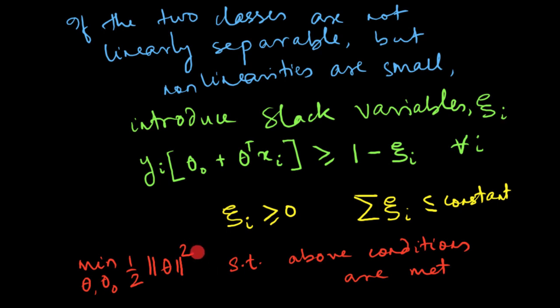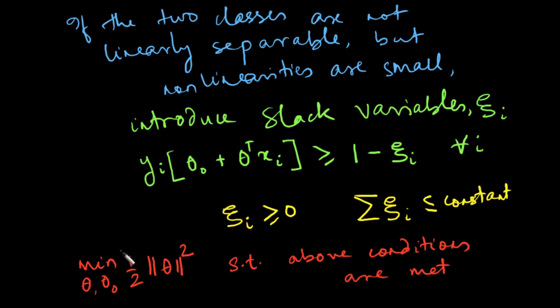In the linear SVM case, we had this minimization. This half is just for the sake of some simplification in the calculations and does not really have any fundamental significance. So earlier, for the standard linear SVM, we had this minimization subject to this constraint without the xi, of course. But now we have this xi term over here, and we have this additional constraint that our xi i must be positive and the summation over all xi i's must be less than or equal to a certain constant.